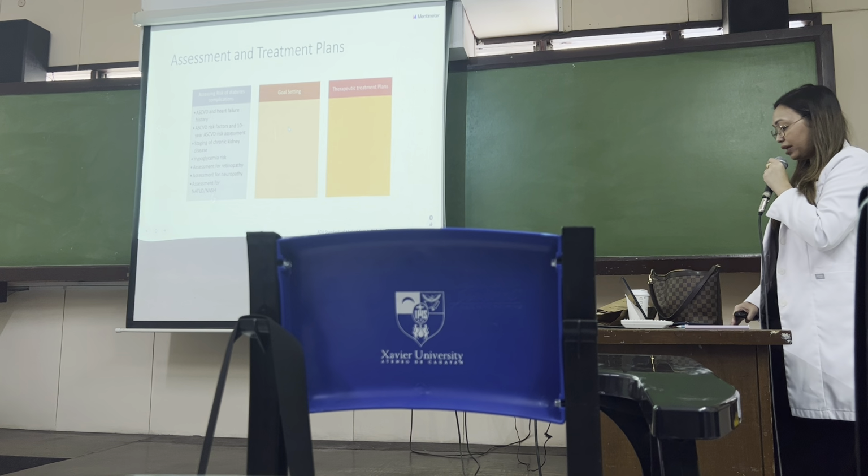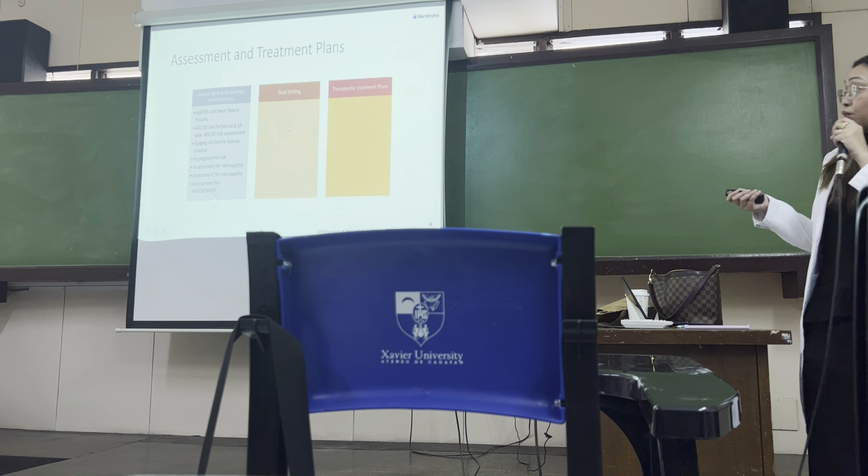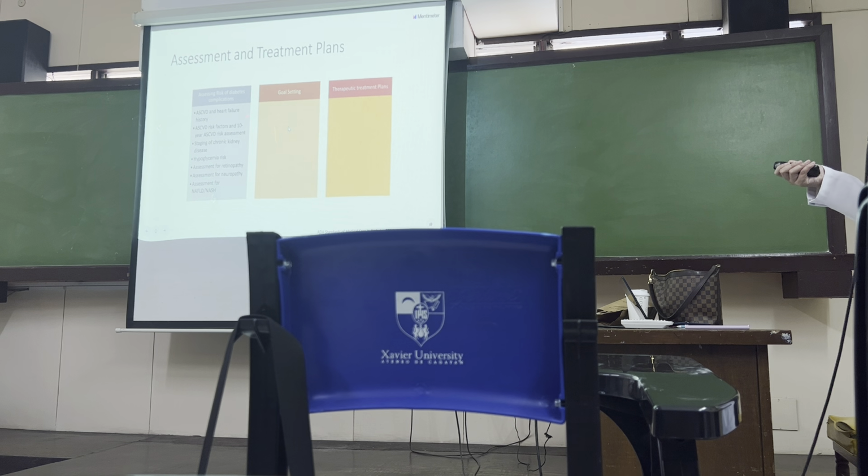Now, in determining the risk of diabetes, we have to, number one, establish the ASCVD risk factor, or do the 10-year ASCVD risk assessment, and then check for CKD. If it's present, then stage it. The risk for hypoglycemia, assess for retinopathy, neuropathy, and assess for NAFLD or NASH.